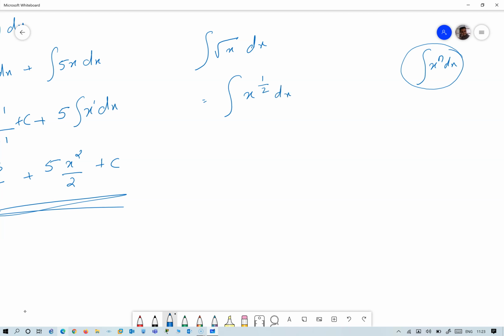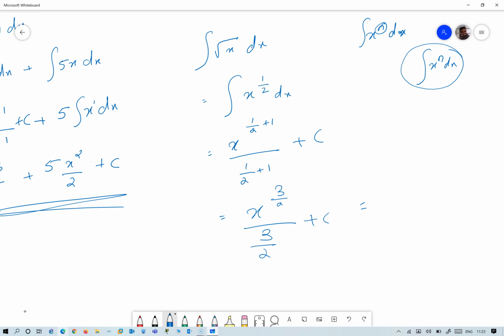So now this is of the same format. It looks exactly like x to the power n dx, where in this case n is 1 over 2. So let's dive straight into integration. That is x to the power 1 over 2 plus 1 over 1 over 2 plus 1 plus c. This is x to the power 3 over 2 over 3 over 2 plus c.